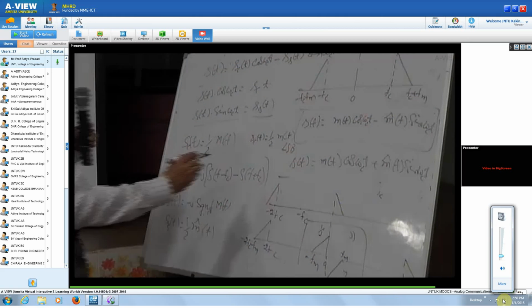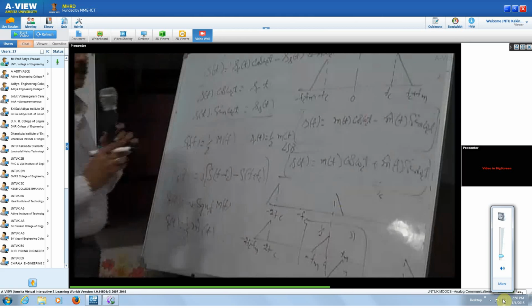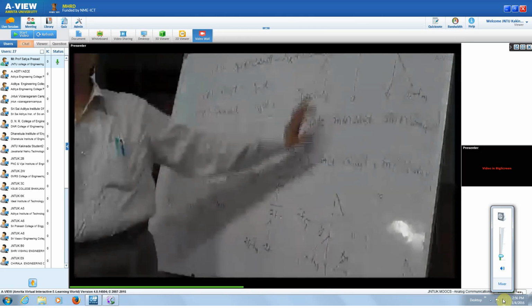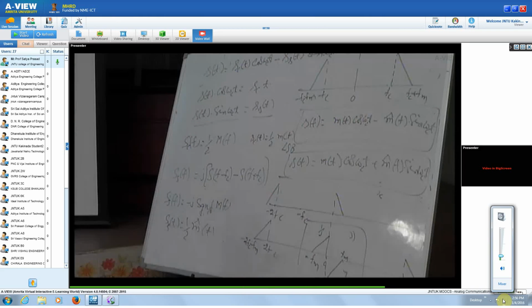Therefore, these two are the time domain representations of USB and LSB that we are going to have. So these are your expressions for LSB or USB.